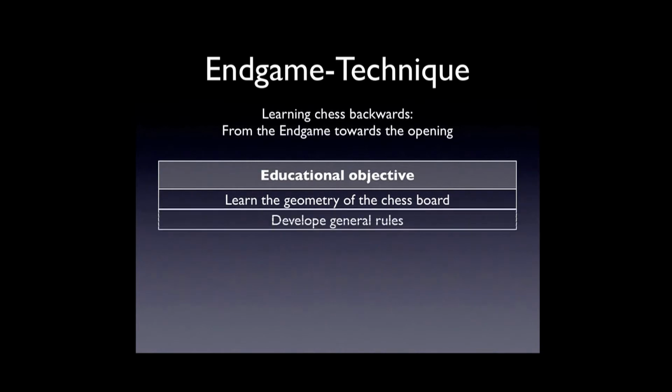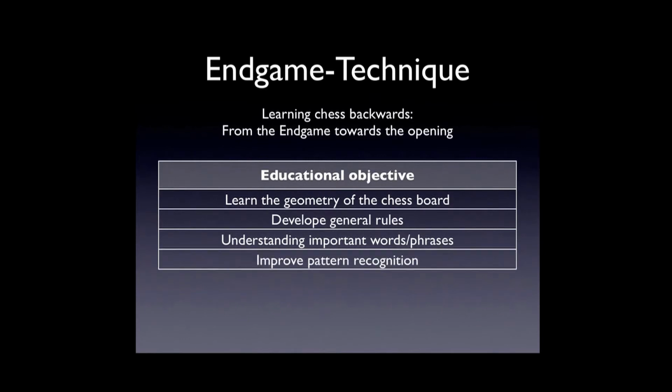You should develop general rules by the various exercises we do, and for sure you should understand important words or phrases, for example, key fields. What are key fields? Key squares, most probably. And you should then also improve your pattern recognition by going through this course.